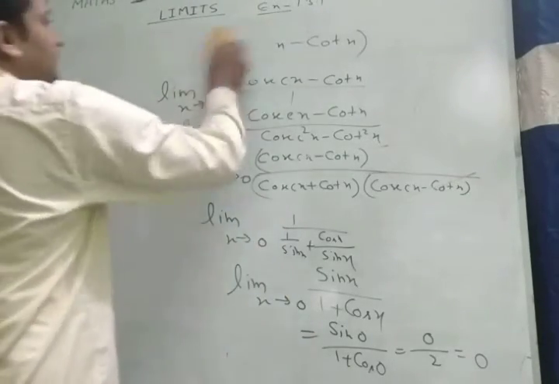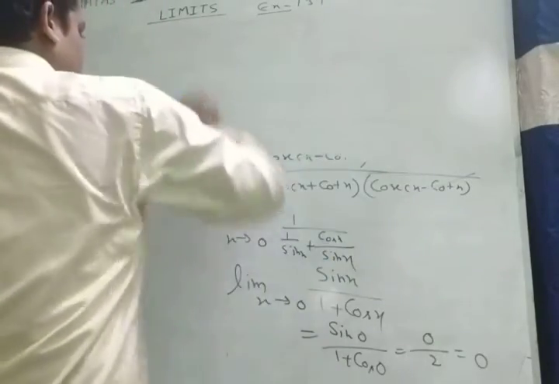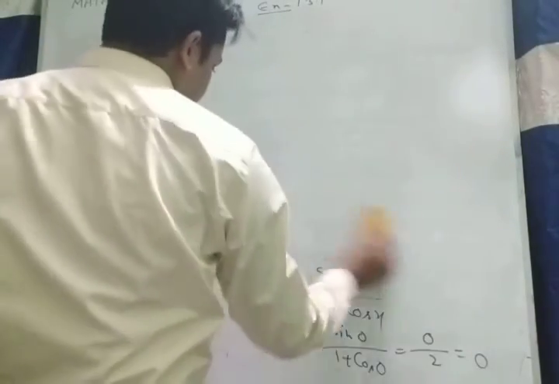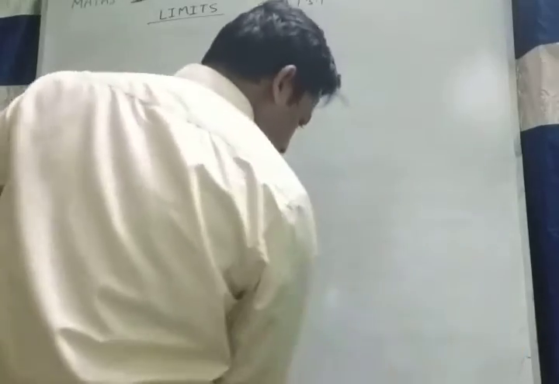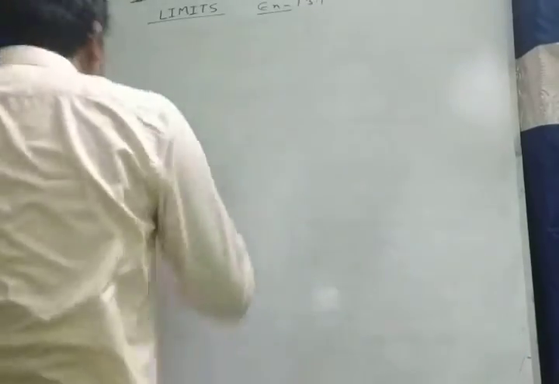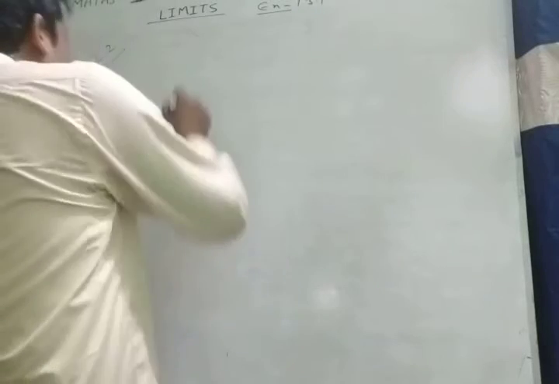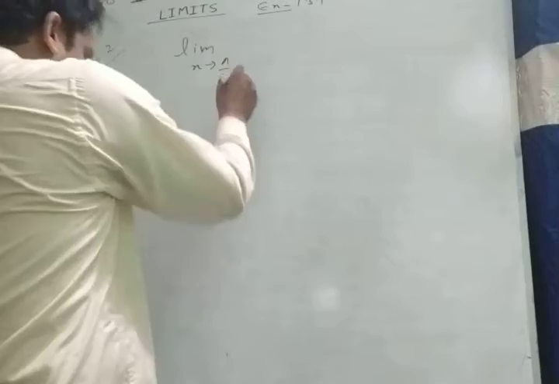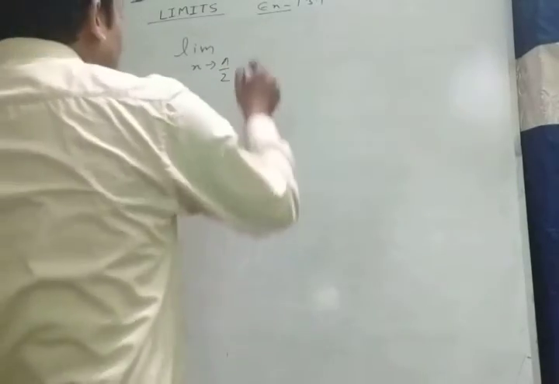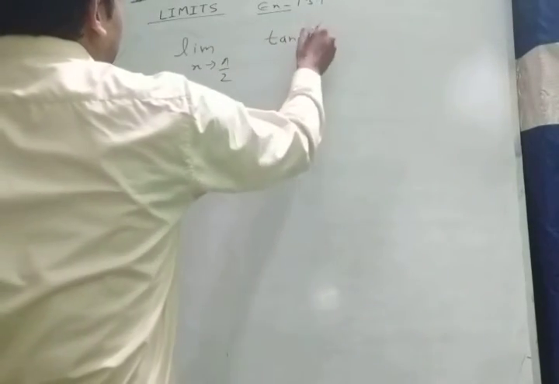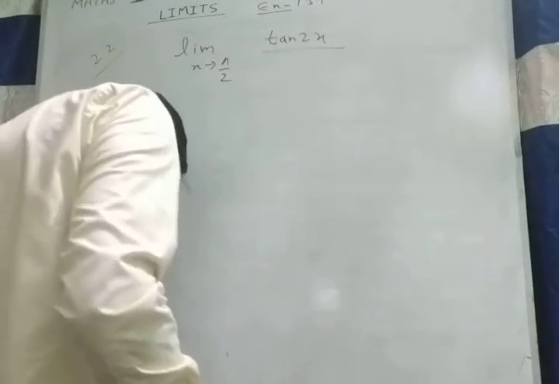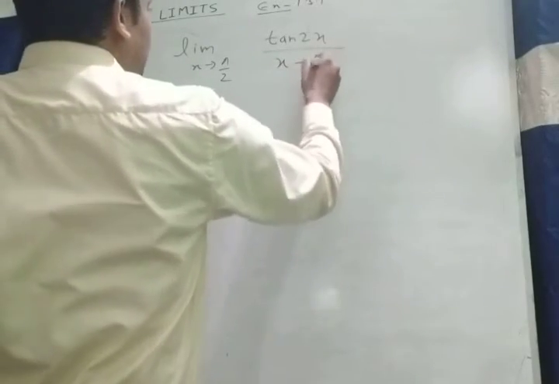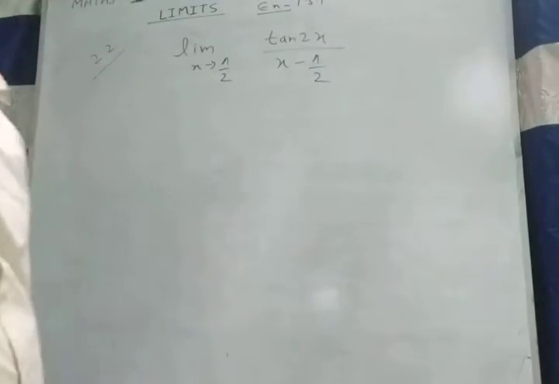Next question is (22). In this question we have to given limit x tends to pi by 2, tan 2x upon x minus pi by 2. Okay.